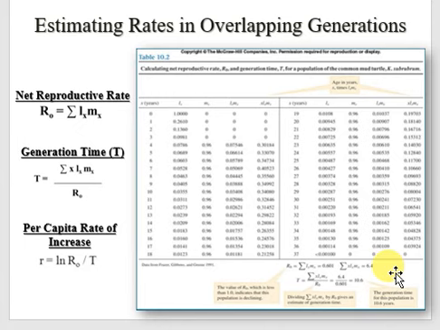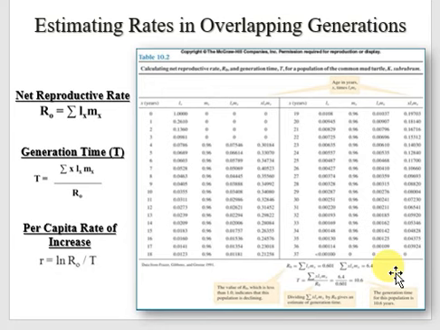So this is the product of your lx and mx, but also multiplying it by the year group, summing those values, and taking your net reproductive rate and dividing it by the sum of those products.